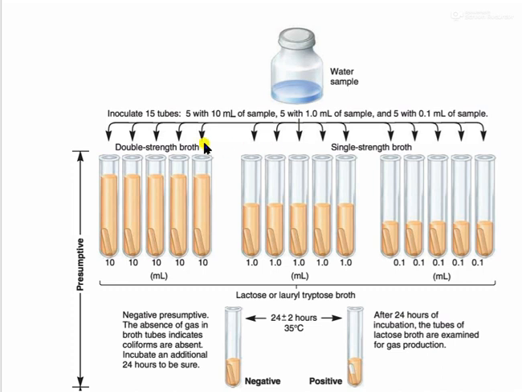In the first five, you will inoculate 10 ml of your sample, in the next five, you will inoculate 1 ml of your sample, and in the last five, you will take 0.1 ml of the water sample. Then you plug them and incubate for 24 hours, 24 hours plus 2, at 35 degrees centigrade.